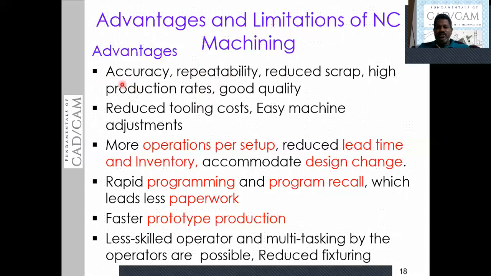So the accuracy is good, and we can reduce the scrap. This is also one advantage. Then the production rate increases, and the quality increases, as accuracy and quality are closely related. Another advantage is that tooling cost reduces, and the machine adjustments are easy.